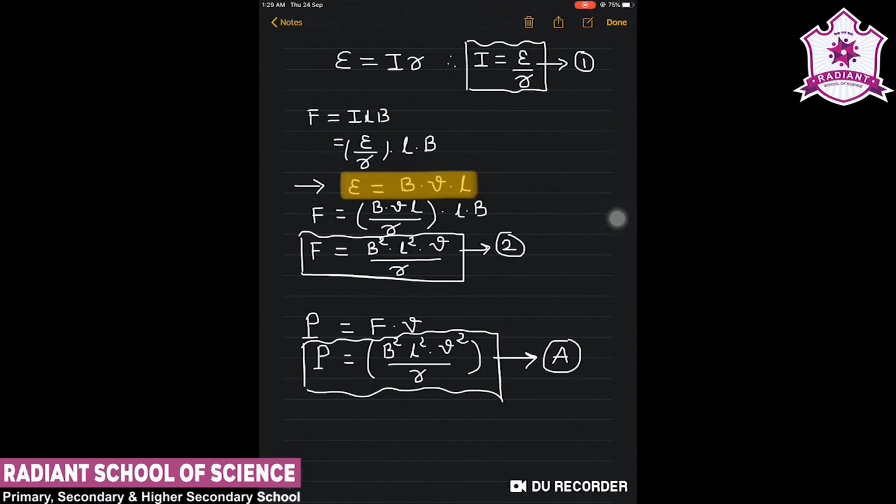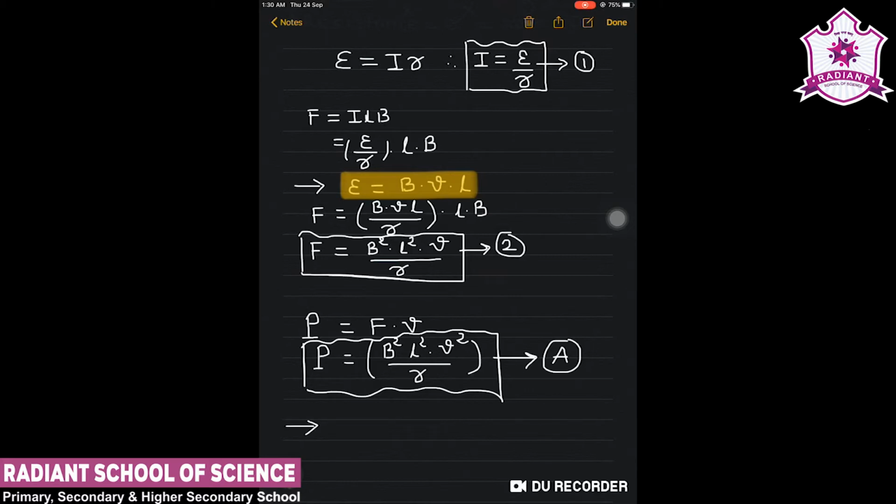This is actually the mechanical work done by moving the rod in the inward direction, and it produces the power. Now we will see where this power is used or converted.